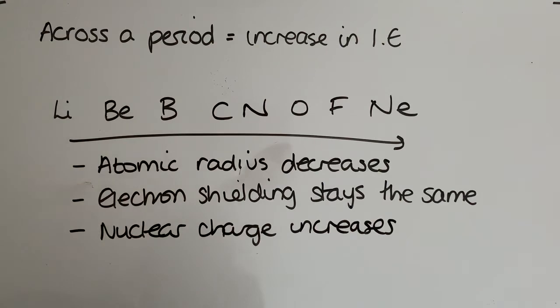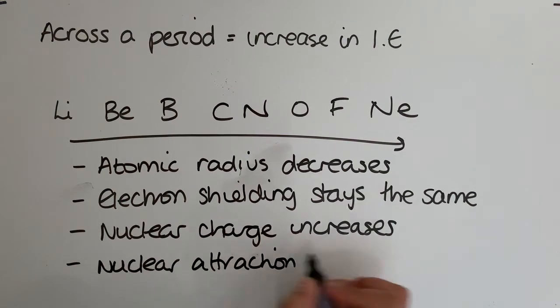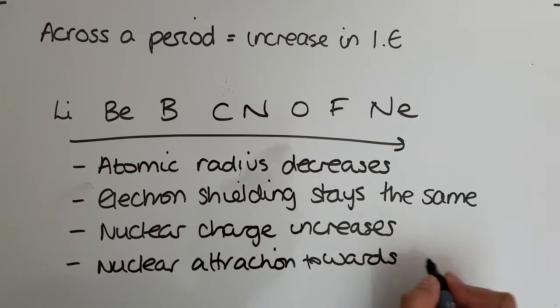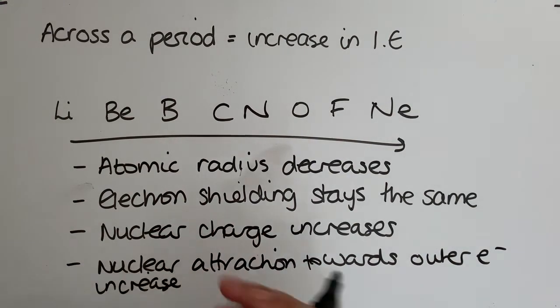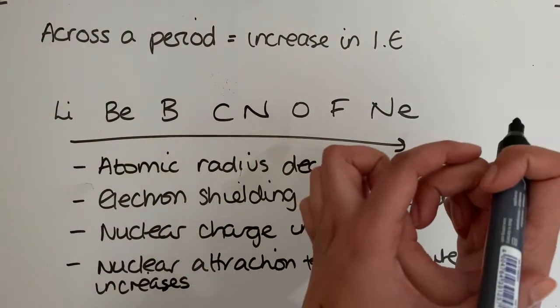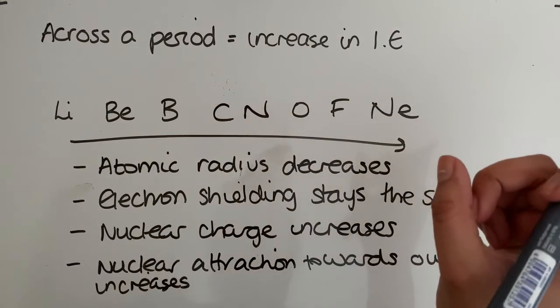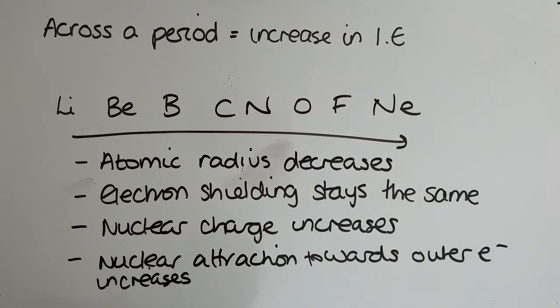Nuclear charge is increasing, atomic radius is decreasing, so the nuclear attraction towards the outer electron increases. We get a smaller and smaller radius as we go across the period. The nuclear charge is increasing, so there's greater nuclear attraction towards the outer electron, and that means you require more energy to remove that outer electron.